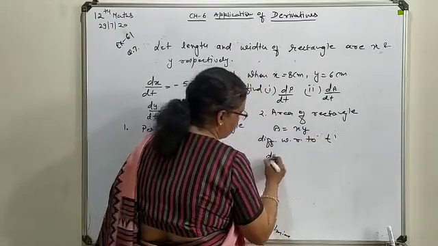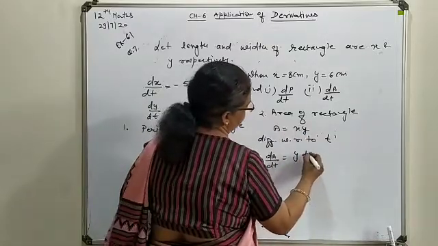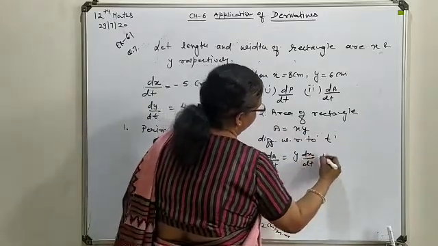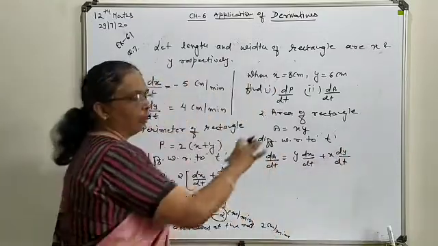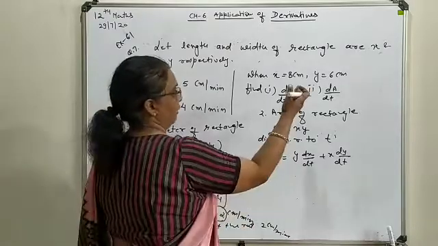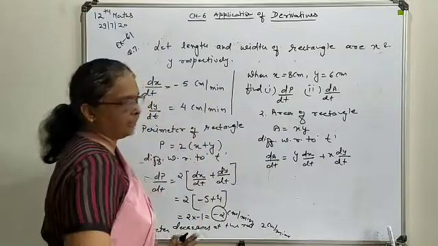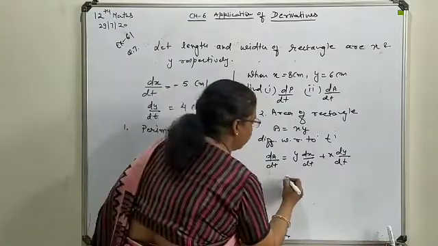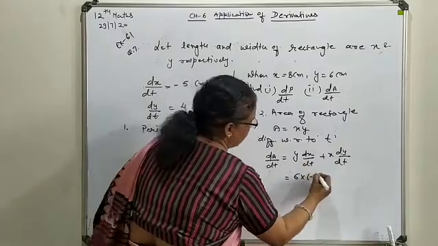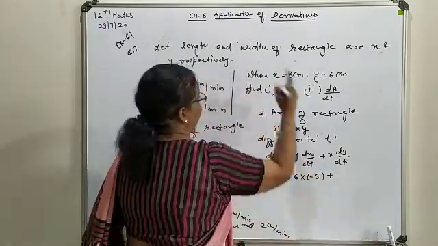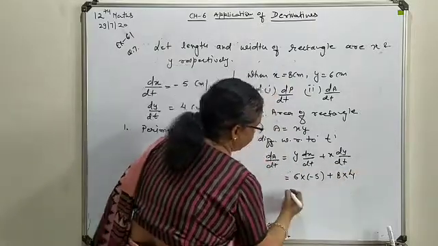So dA by dt, product rule you will implement: y dx by dt plus x dy by dt. Substitute all four parameters. This is to be evaluated at x is equal to 8 and y is equal to 6. These two we have already discussed. Now substitute all given quantities. y means 6, dx by dt means minus 5, x means 8, dy by dt is 4. Make it evaluate.